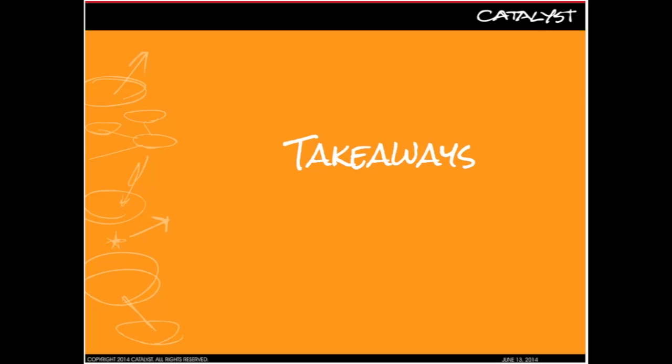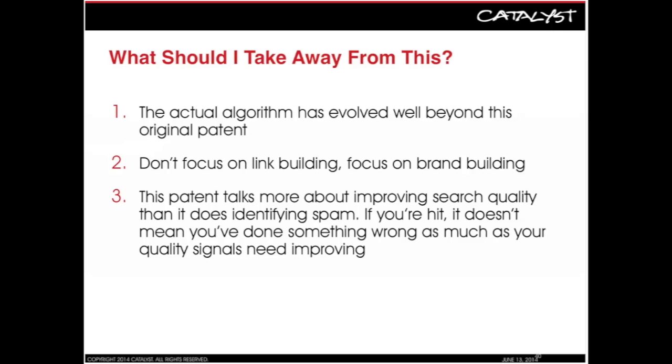If you were to read the patent, that's what you would get from it. But really, what should you take away? It's been a few years since the patent came up. It's really interesting learning, but the big takeaway I saw from this patent was that the Panda algorithm has evolved. Every month, there's a new evolution of it.